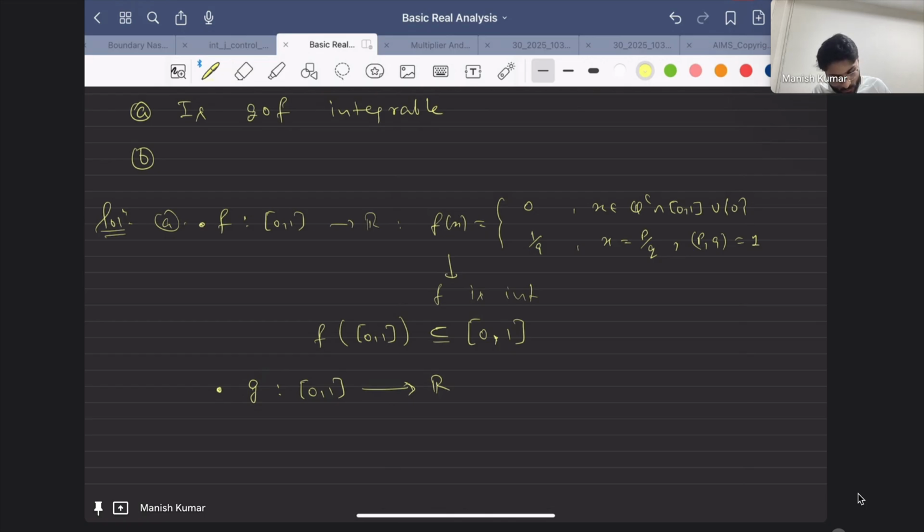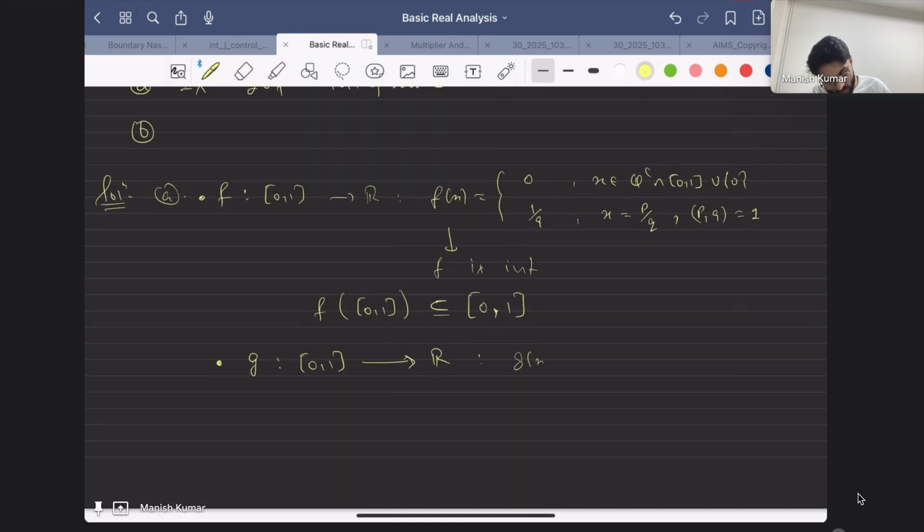Suppose I define it in this way: when x is 0, let me see, and 1. Then g composed f. Let me say this is x equal to 0 and then x belongs to [0,1]. Okay, let me see. So g composed f.